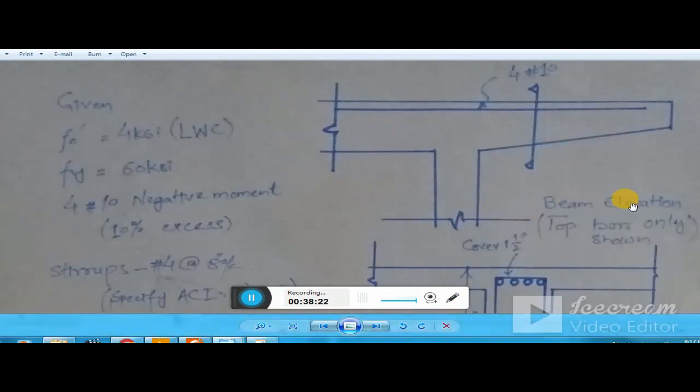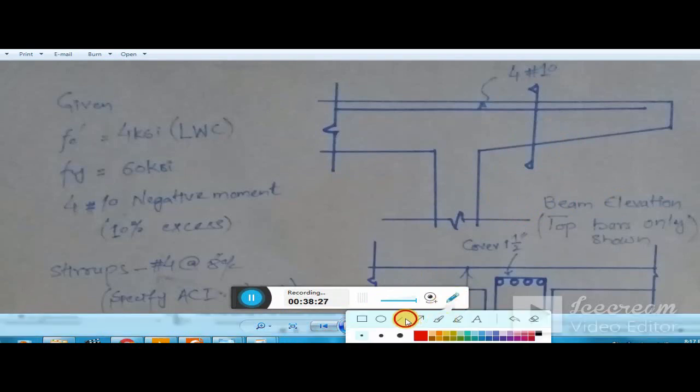So this distance must be 8 feet. If it is, this means that the bar should be extended for a distance of 8 feet to this side.